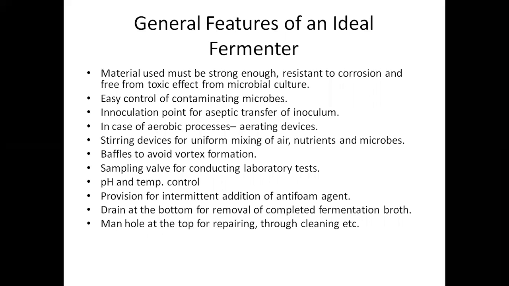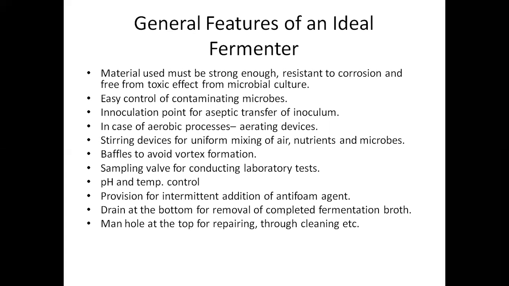So let us have a look at the general features of an ideal fermenter. The first and important thing to note here is that the material that we are using for the formation of the fermenter vessel should be strong and resistant to corrosion. So basically it should be a strong and inert substance, and it should be free from toxic effect on the microbial culture.